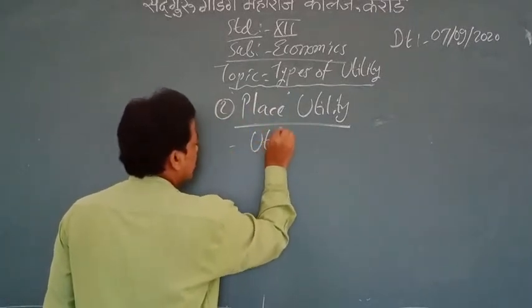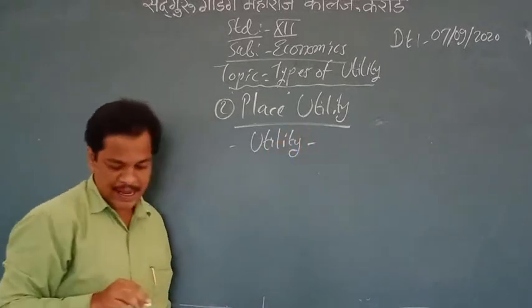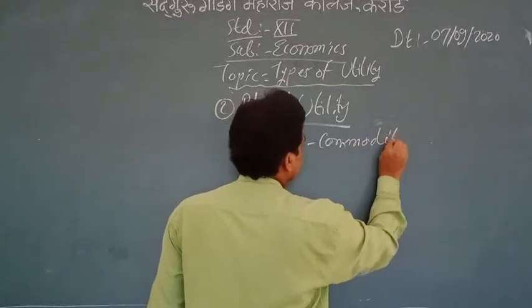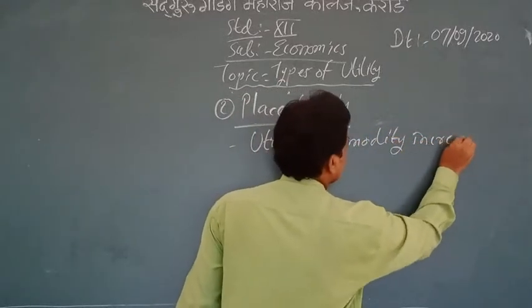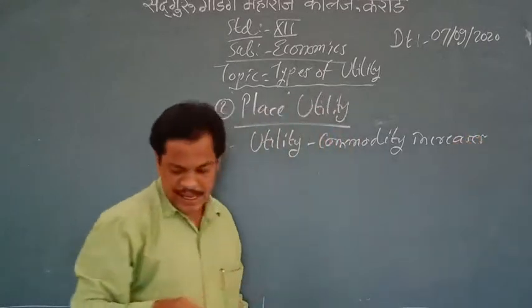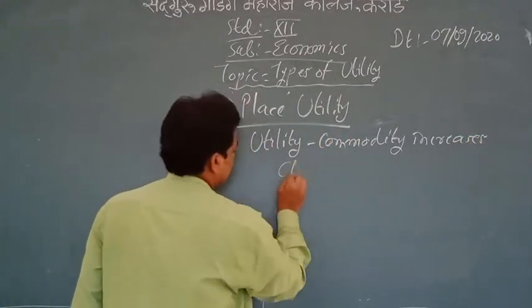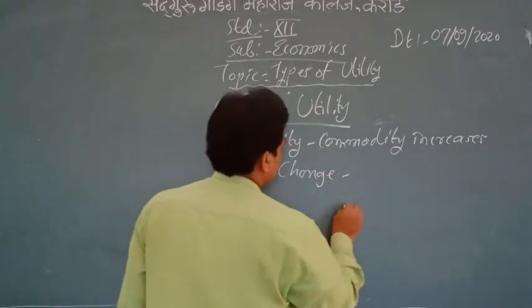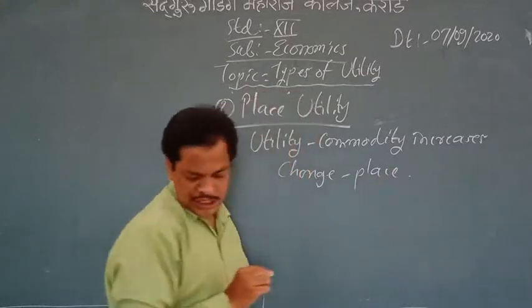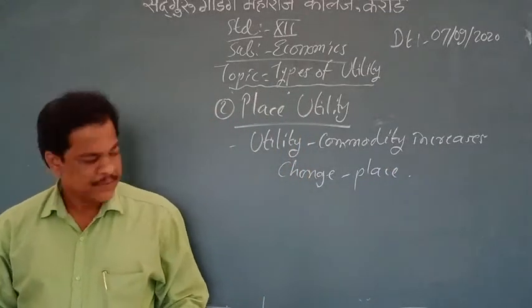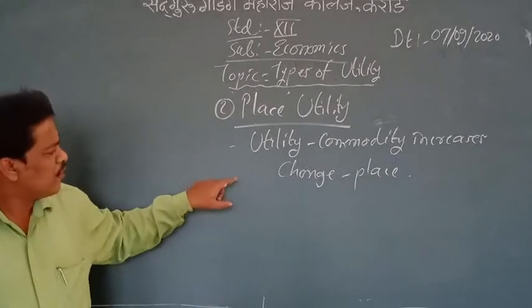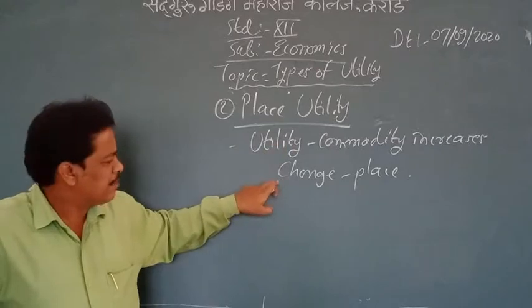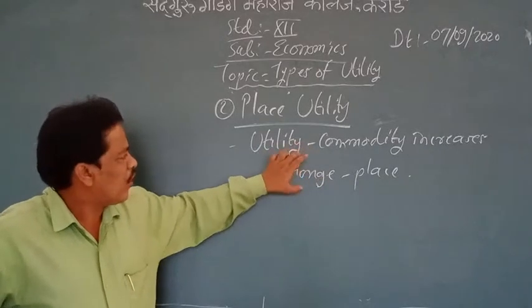For example, when the utility of a commodity increases due to the change in its place, it is called place utility.